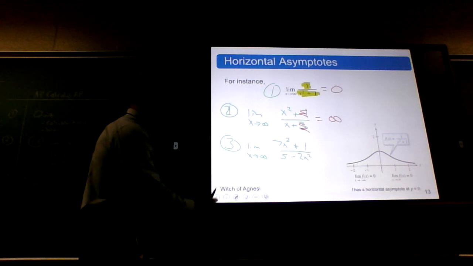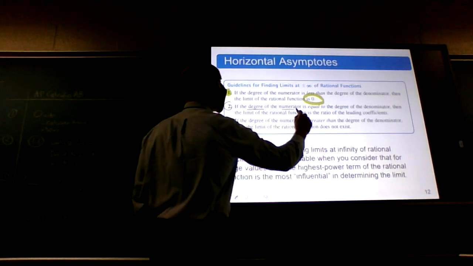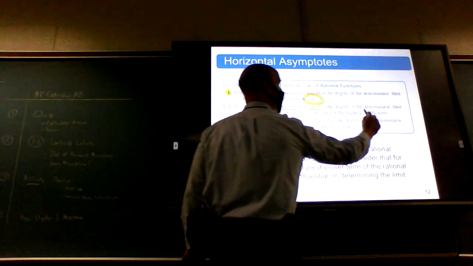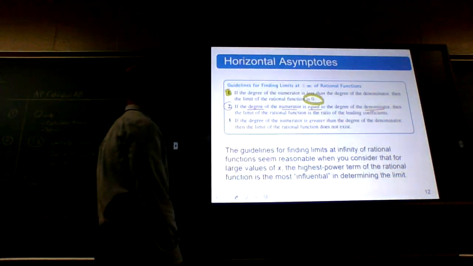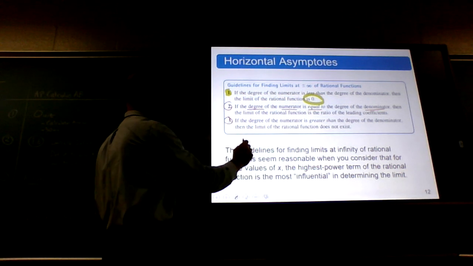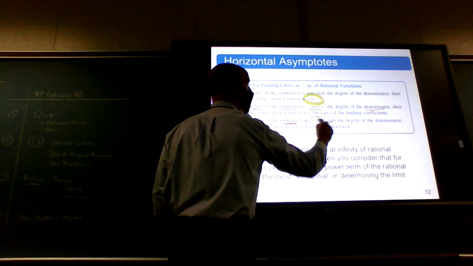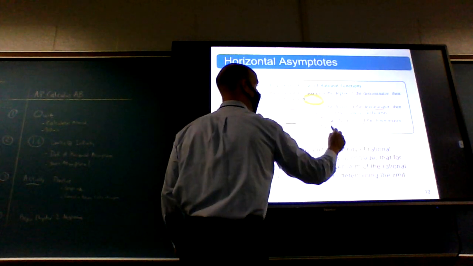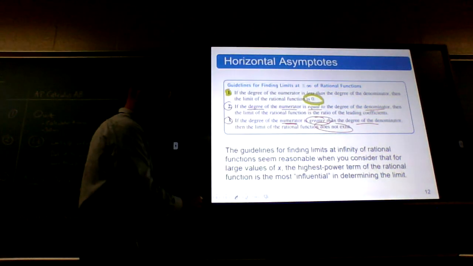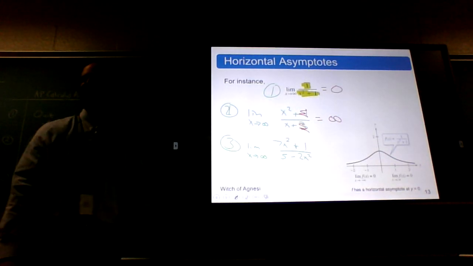Okay, so let's go back here. So here's what it says. If the degree of the numerator is equal to the degree of the denominator, is that the case that we have here? Nope, we got this case here. Sorry, I'm reading the wrong one. If the degree of the numerator is greater than the degree of the denominator. Now you guys are saying D and E, which is right, but we could also argue that that's infinity, right?